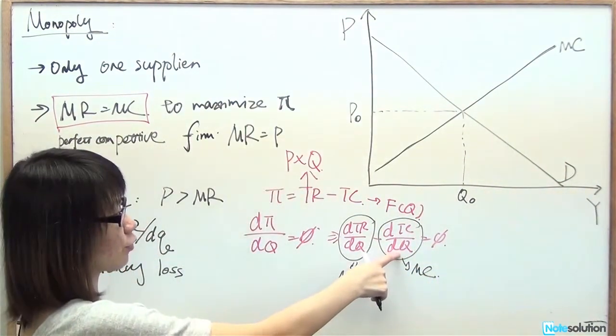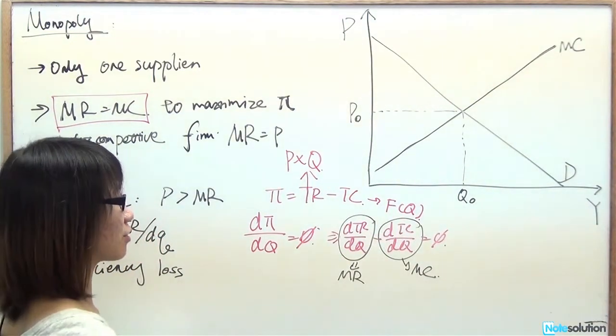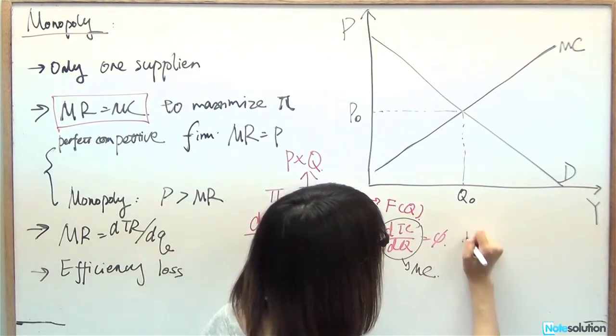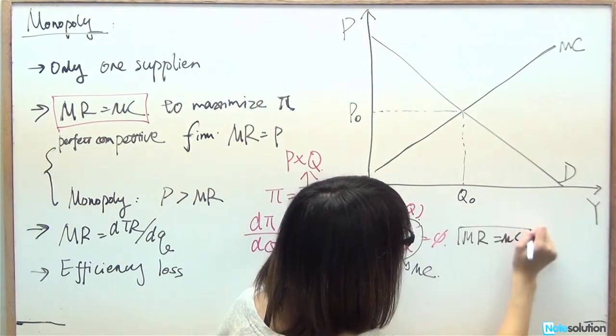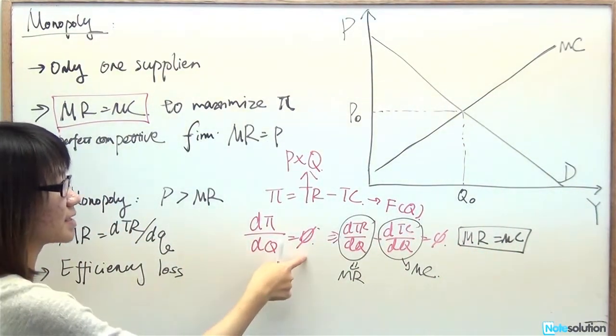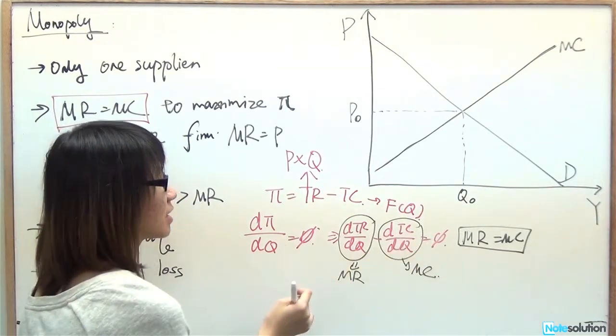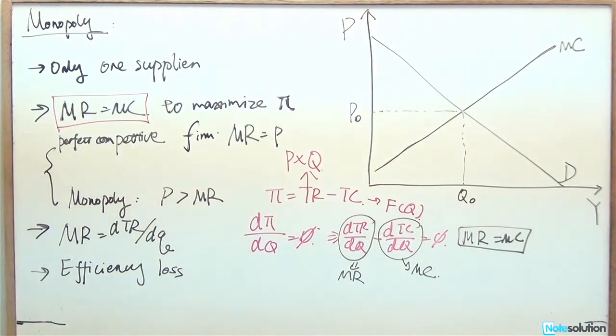If we produce one more unit, what will be the additional cost to produce that additional unit? So when marginal revenue is equal to marginal cost, the first derivative d pi over dq will be 0. So that corresponding q will be the point where our profit is maximized.